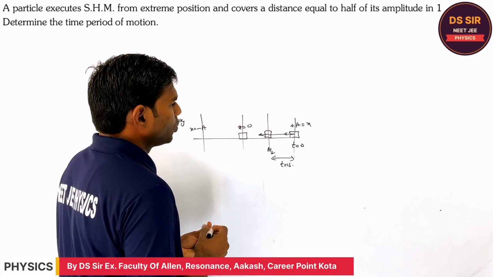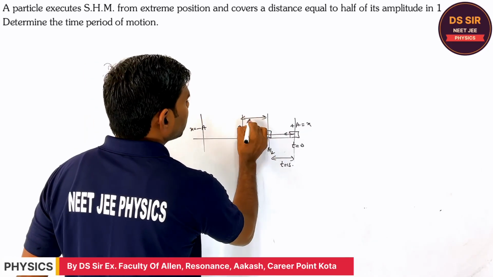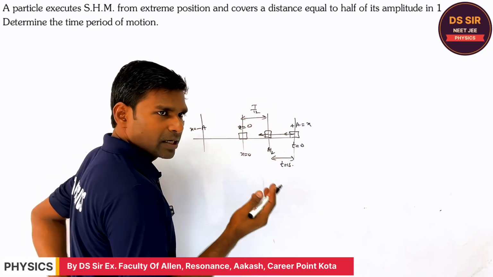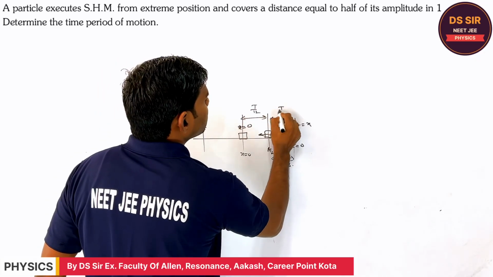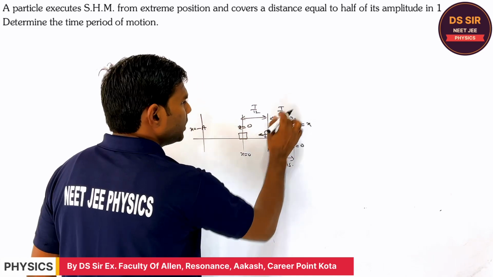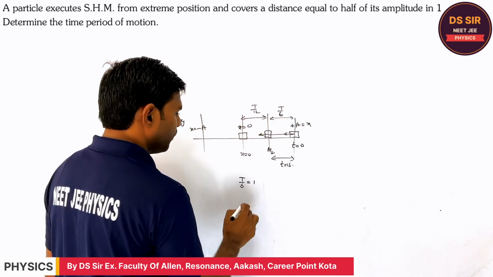I told you in the theory that from x equal to 0 to a by 2, the time taken is t by 12, right? If capital T is the time period, from here the time is t by 12 and from the extreme it is t by 6. So directly we can do from here to here, the time is t by 6 and it is given in the question as 1 second.